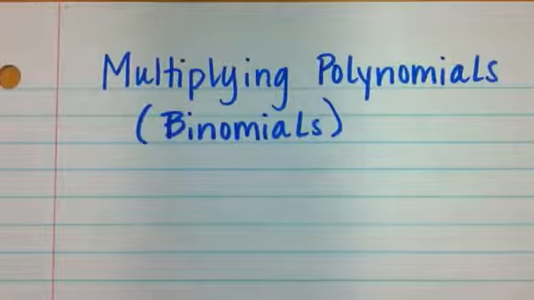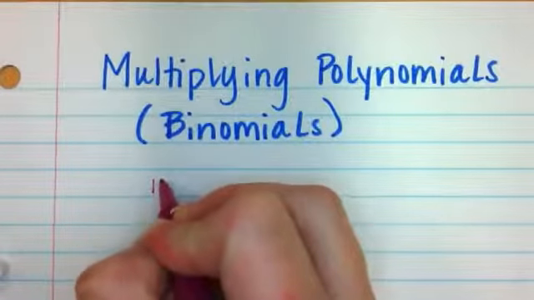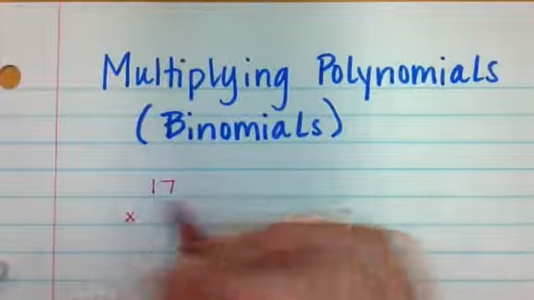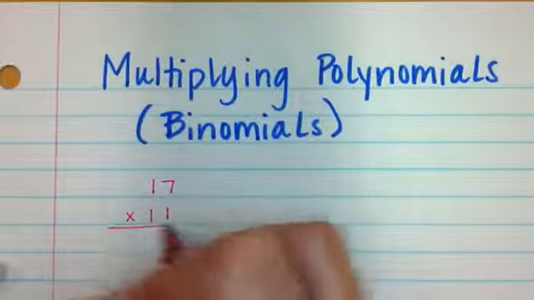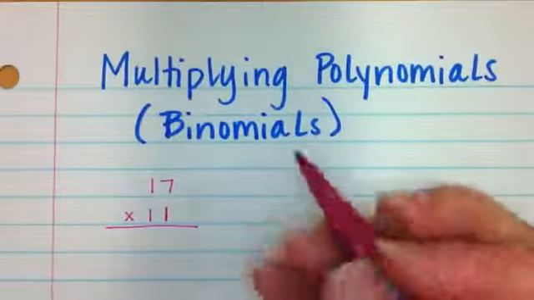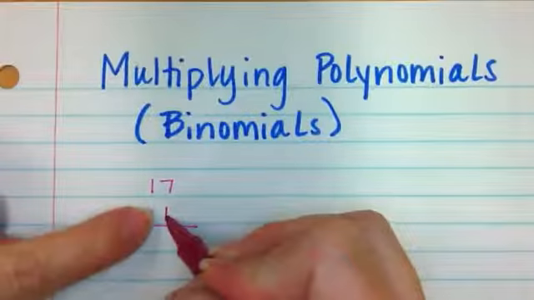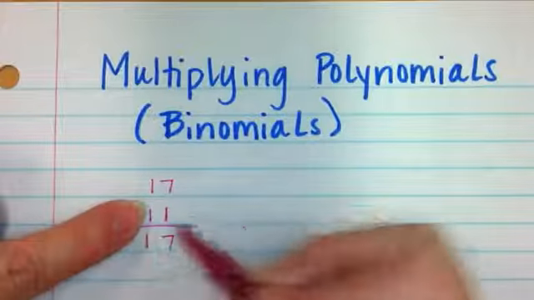So just to get you thinking about multiplication in general, if we multiply 17 times, oh, I don't know, we'll just say 11. If we were to multiply a two-digit number like this, we have to multiply this 1 to the 7 and this 1 to the 1.